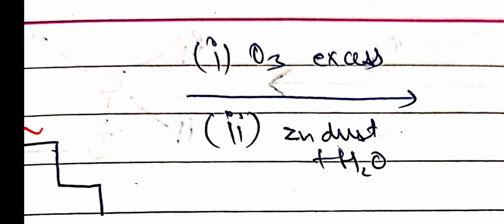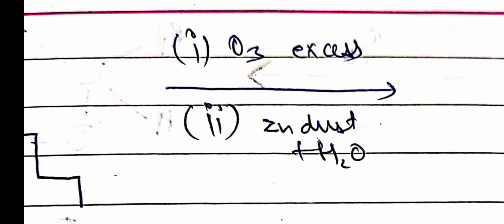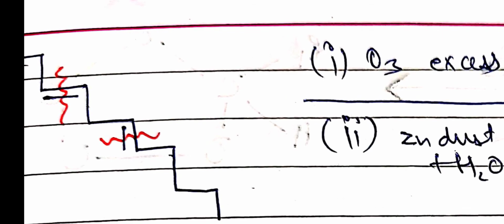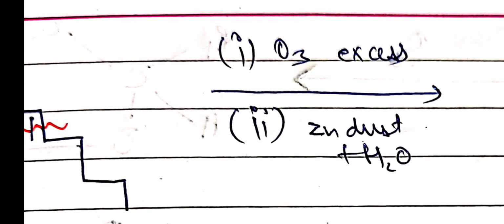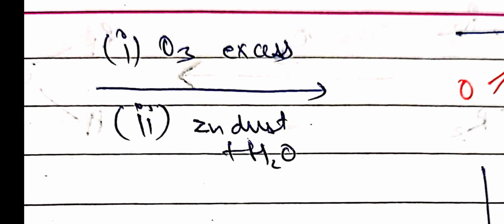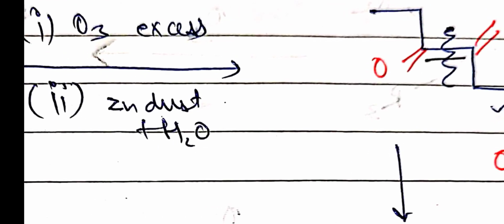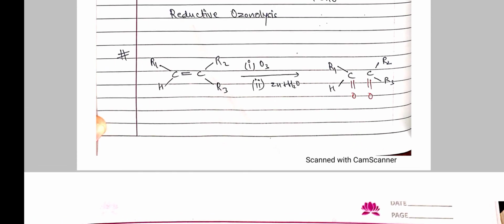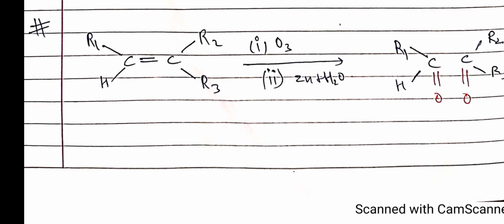So it basically means that all the double bonds react, and there's no deficiency of ozone here. The first step is the addition of ozone, and the second step is the addition of Zn dust along with water.